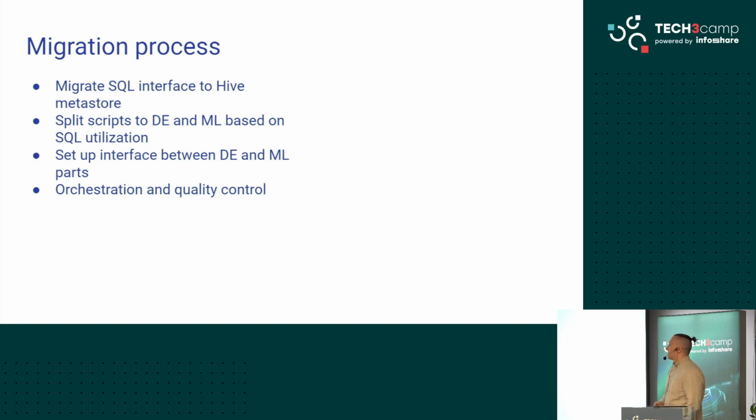Then the next part is to split all entities in the original solution into a data engineering part and a machine learning part, as we call it. In the data engineering part, we utilize the SQL interface and all the high-level transformations; for machine learning, we keep the rest of the things that utilize machine learning algorithms. The next step is to set up an interface between these parts, available and reliable for these purposes, and as a final step, orchestrate module runs and control the quality, like comparing the migrated solution with the source one.